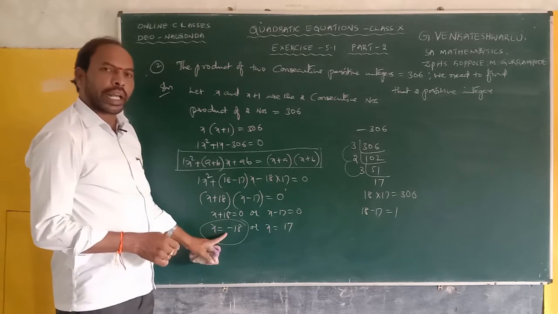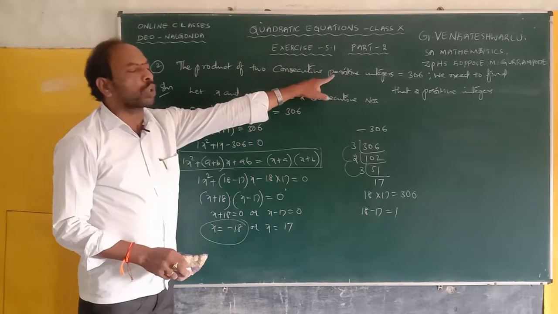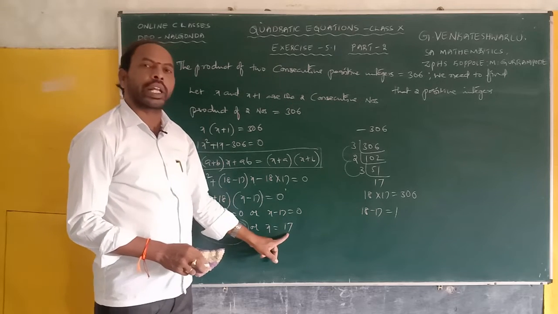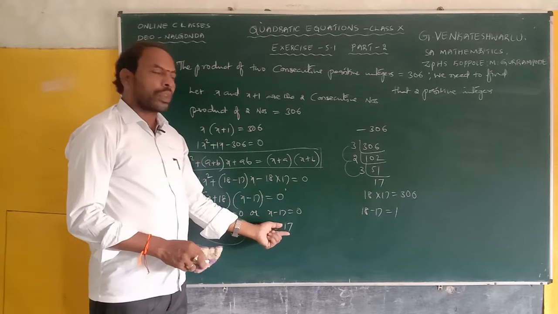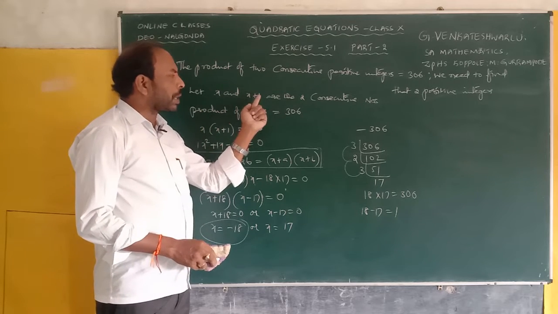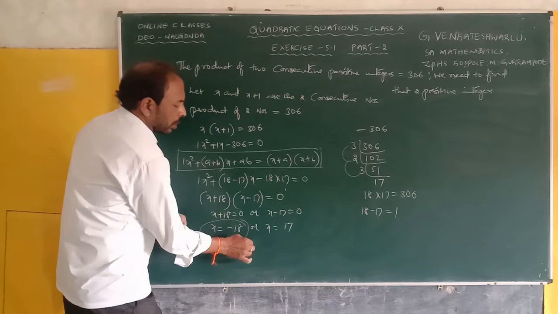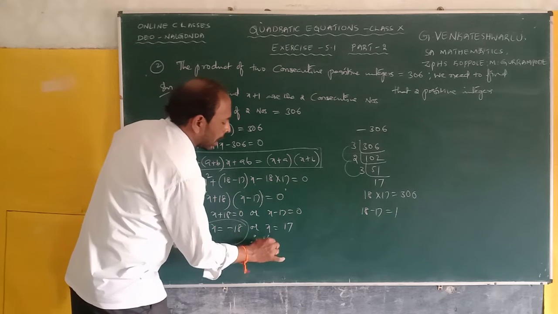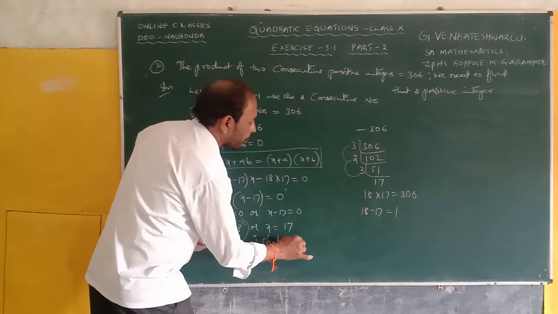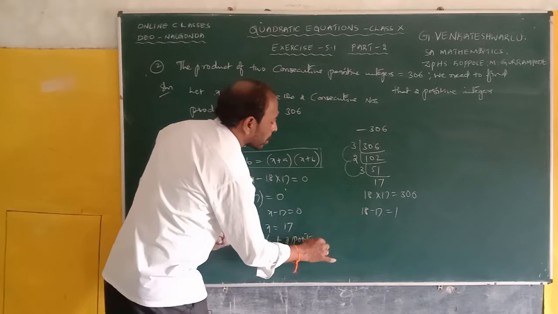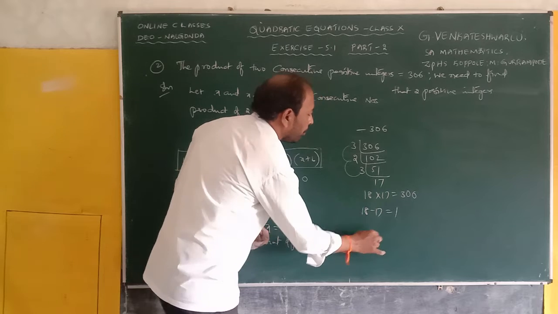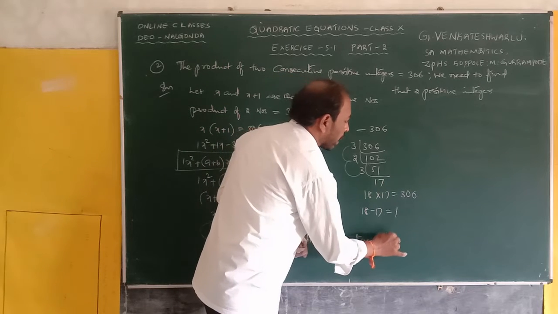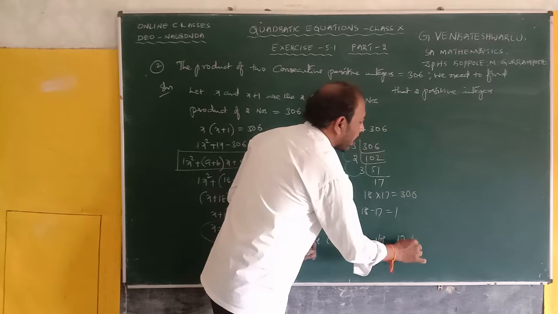Here x is equal to 17 is a positive number, and its consecutive number is 17 plus 1, 18. Therefore the two consecutive positive numbers are 17 and 18.